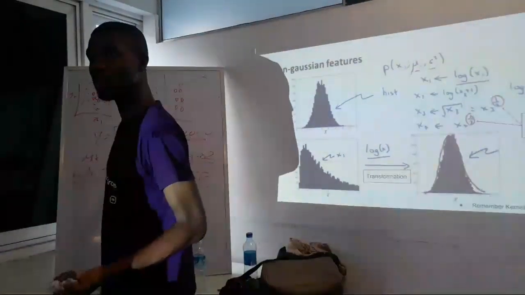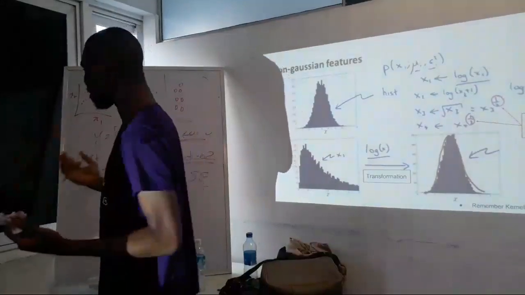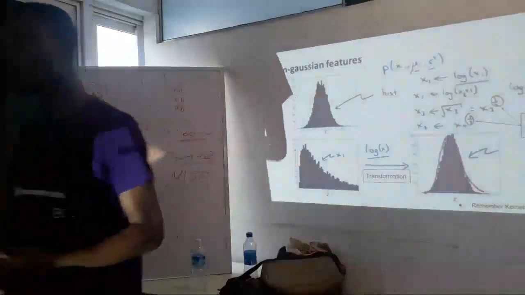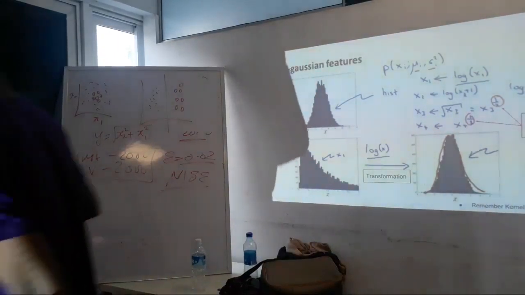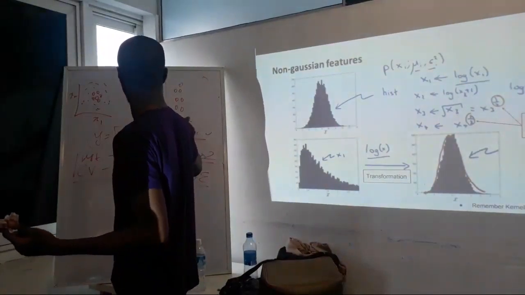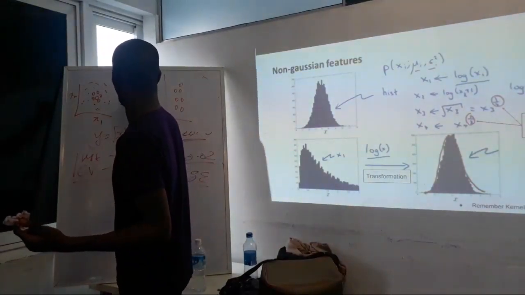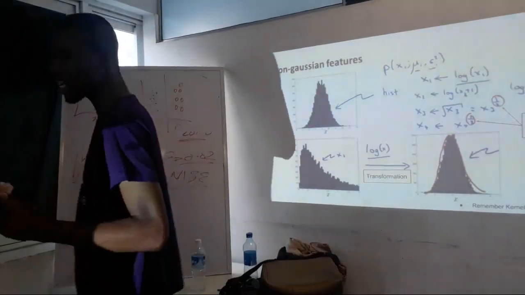This is what kernel tree is all about. Does it make any sense? The essence of kernel is for you to transform your features from one space to another, so you can do your separation, your classification. So you transform it from this space to this space. By transforming it, you can do your separation. That's the importance of kernel tree.